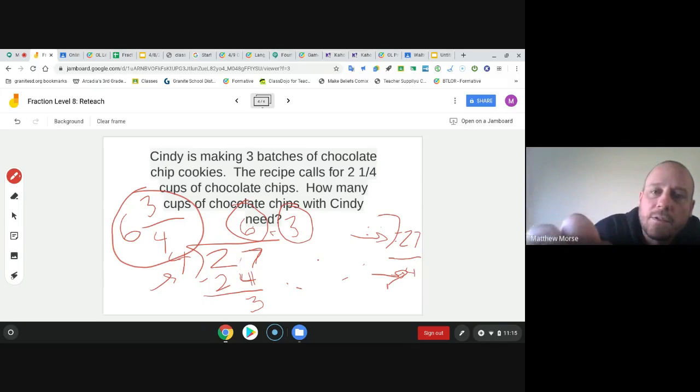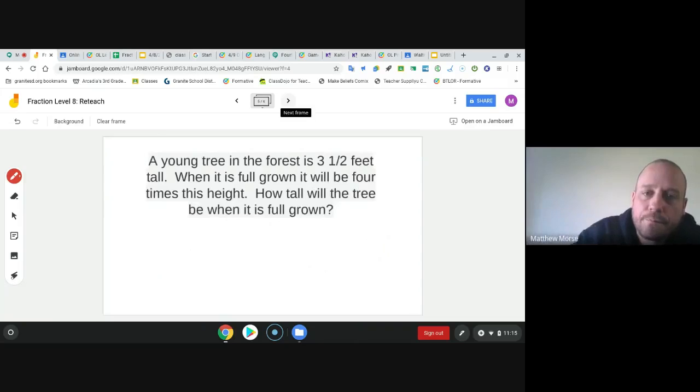Okay, let's do another one. A young tree in the forest is 3.5 feet tall. When it's fully grown, it will be 4 times this height. How tall will the tree be when it's fully grown? Okay, so I have 3.5. It's tall. And then it's going to grow to be 4 times this height.